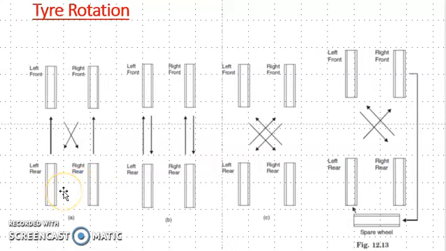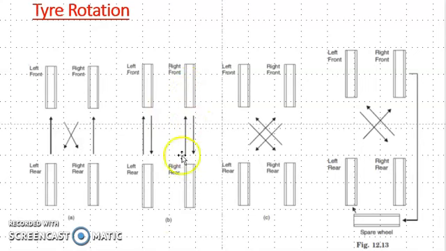Once the manufacturer has recommended this type of rotation, you should follow the same rotation next time. After some kilometers, 5,000 or 10,000 miles of traveling distance, you should rotate the tires. The second type of rotation is the left front is rotated to the left rear, and the same with the right front rotated to the right rear, and the right rear rotated to the right front.